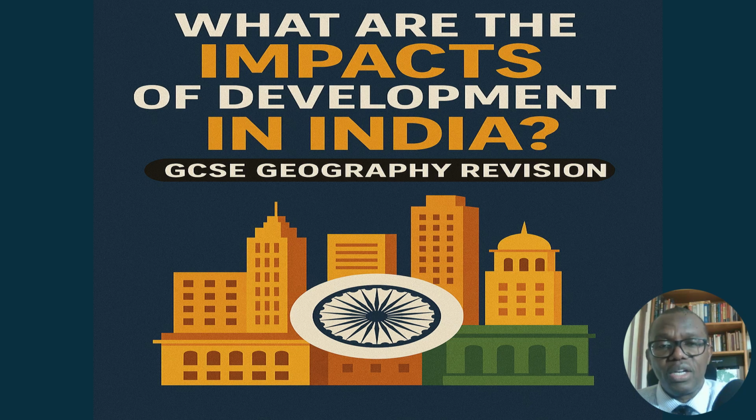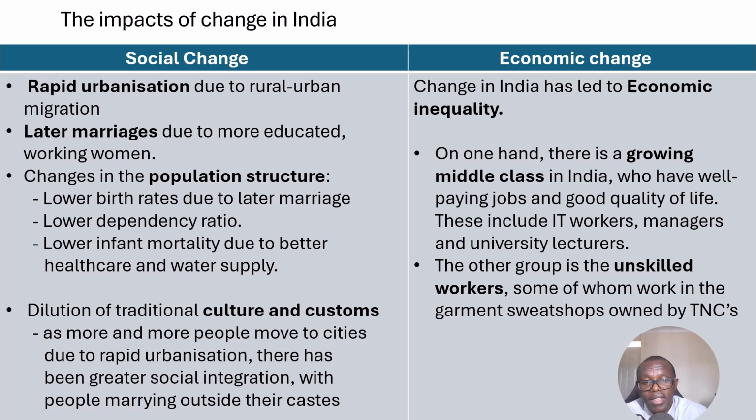Okay, let's get started. In this section, we'll look at the impacts of change in India, mostly brought about by economic development. So we've categorized those impacts into social change and economic change. And the first social change we will look at here is rapid urbanization.